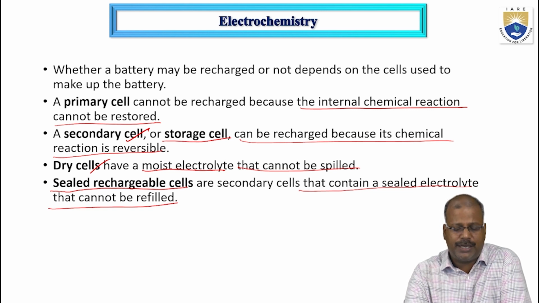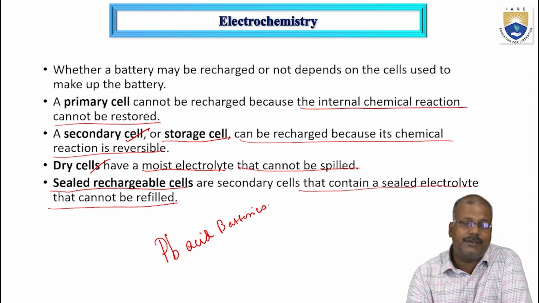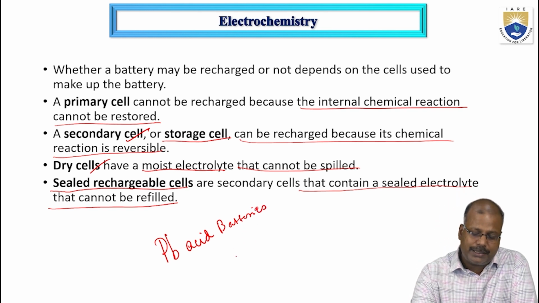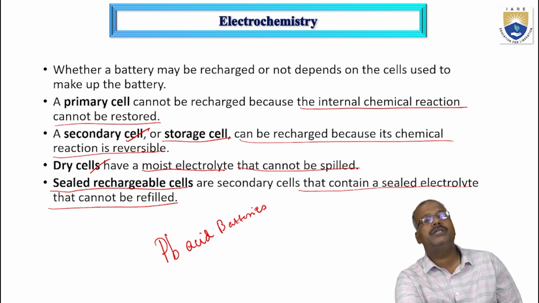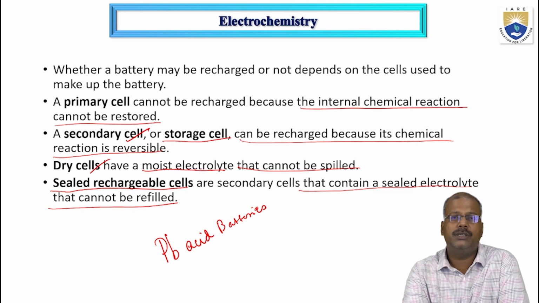You cannot refill. For example, we will see in lead acid batteries, which we use for our inverters at home and in car batteries, that there is H2SO4 solution and also distilled water.